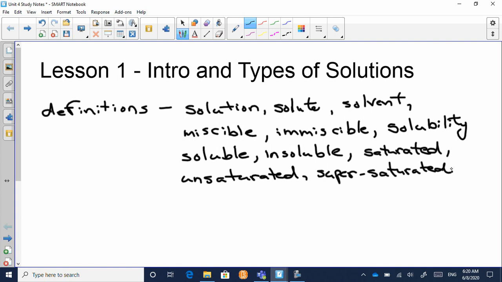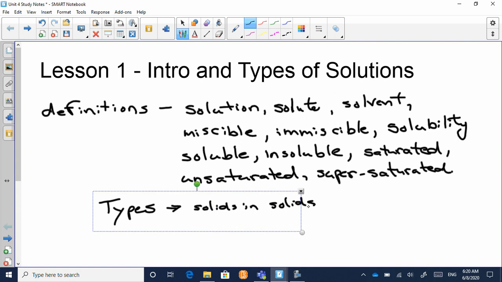Okay. The only other major thing from that first lesson, other than those definitions and setting the unit up, was that we talked about the different types of solutions. We talked about solids in solids. We talked about solids in liquids, and that was probably one of the biggest ones.